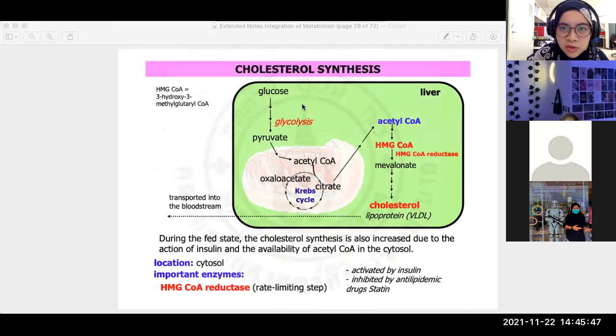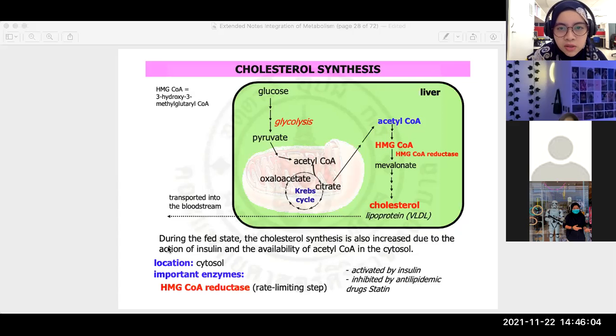We also have cholesterol synthesis. Bringing you back to the initial idea of the fed state: when we eat, our body uses that opportunity to take whatever we have in our meal to reconstruct things in our body.